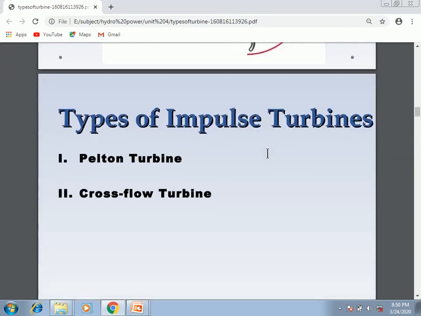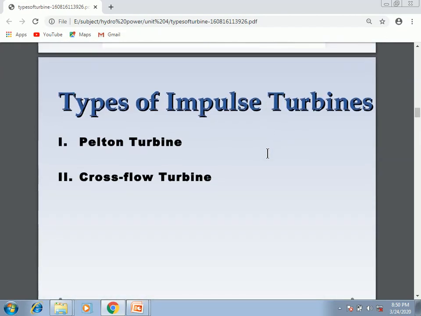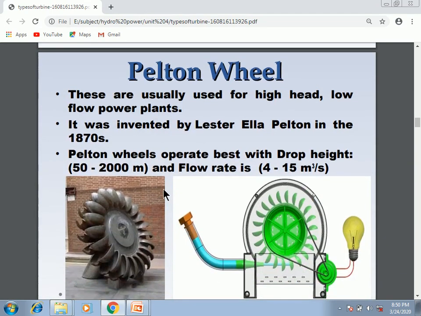Now we are going to see the different types of impulse turbine. Impulse turbines are of two types, Pelton wheel turbine and cross flow turbine. What is Pelton wheel turbine? Pelton wheel turbine is used for high head, low flow power plants and it was invented in the year 1870 by Lester L. Pelton.